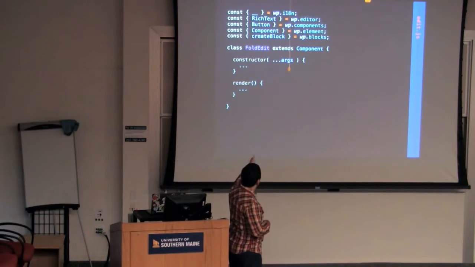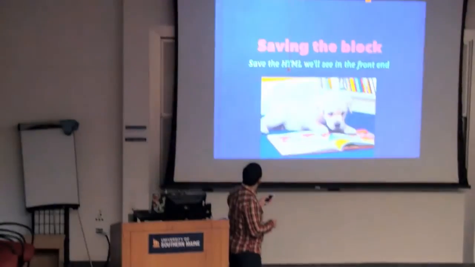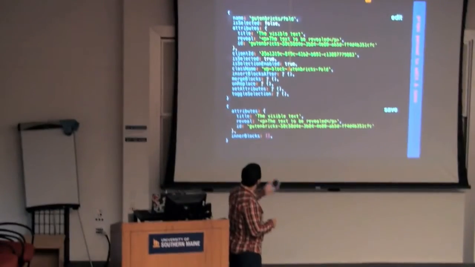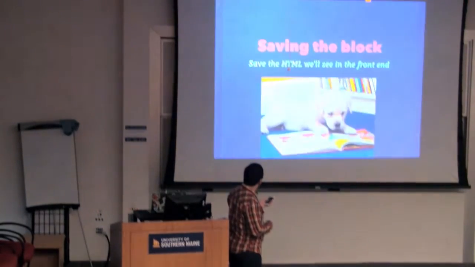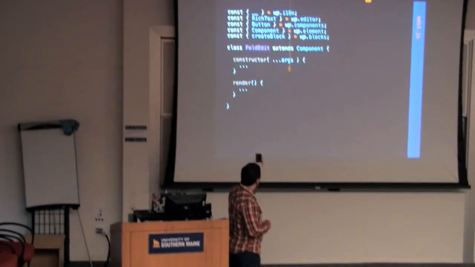And the class initially looks like this. We just have the constructor that will receive all the arguments. Remember that if we go backwards a little bit, the edit property receives all these properties. We're accepting them in the constructor.